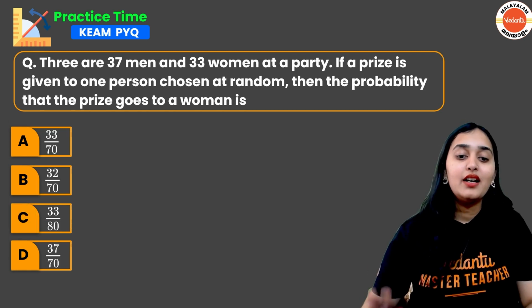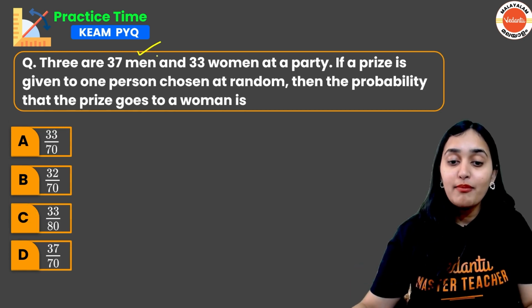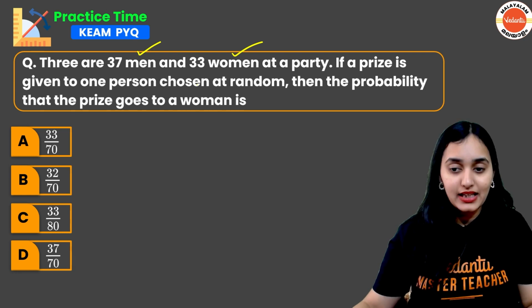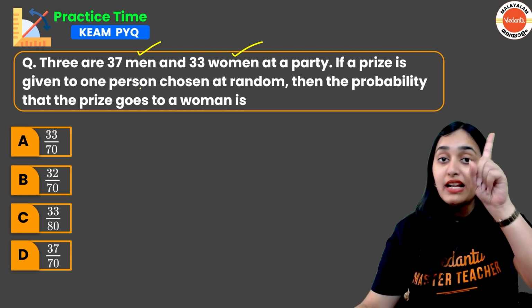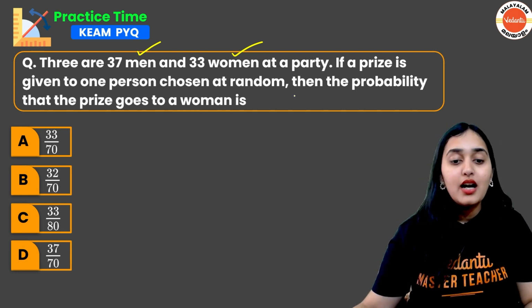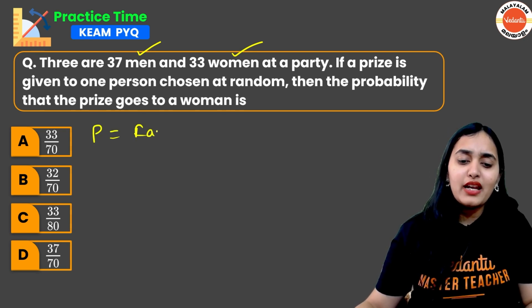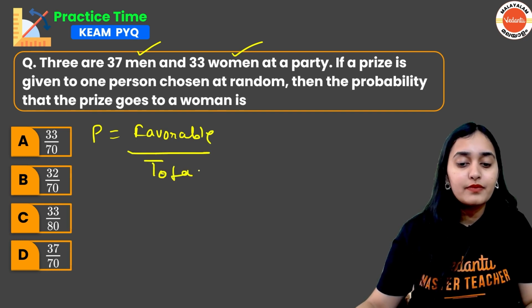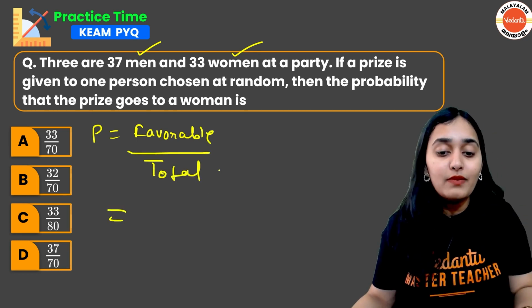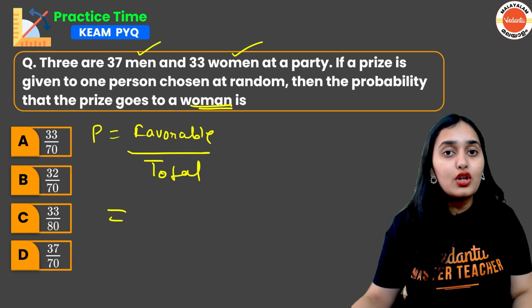Simple. Next, there are 37 men and 33 women in a party. If a prize is given to only one person chosen at random, the probability that the prize goes to a woman is so simple. Favorable outcome upon total outcome. Favorable outcome will be the prize should go to a woman.